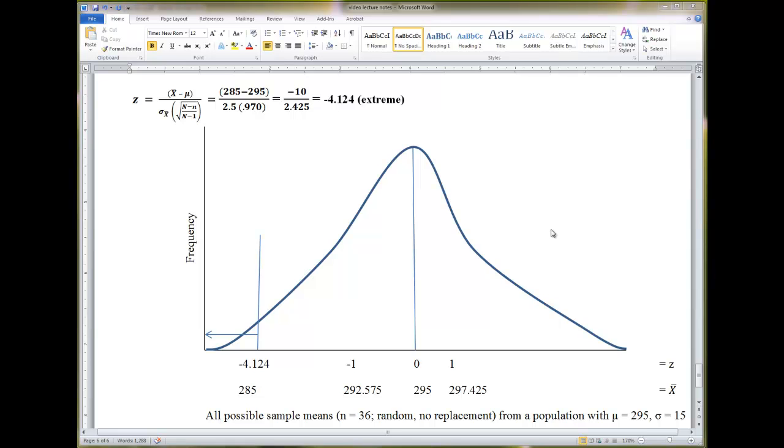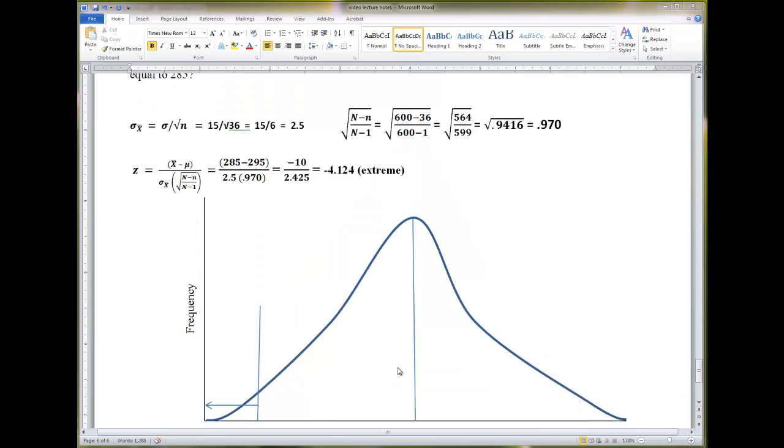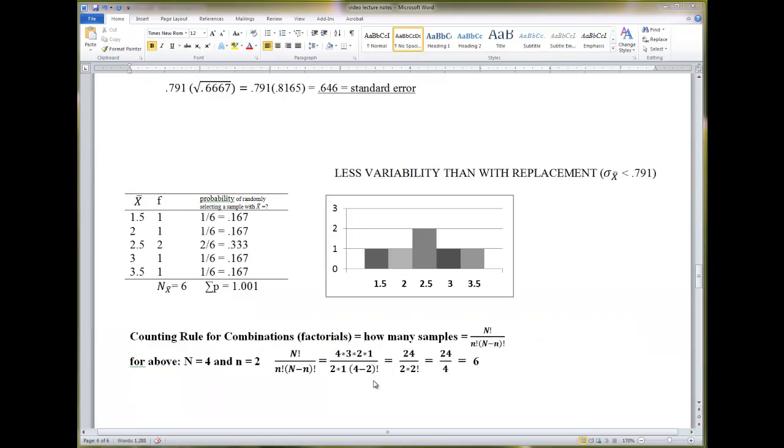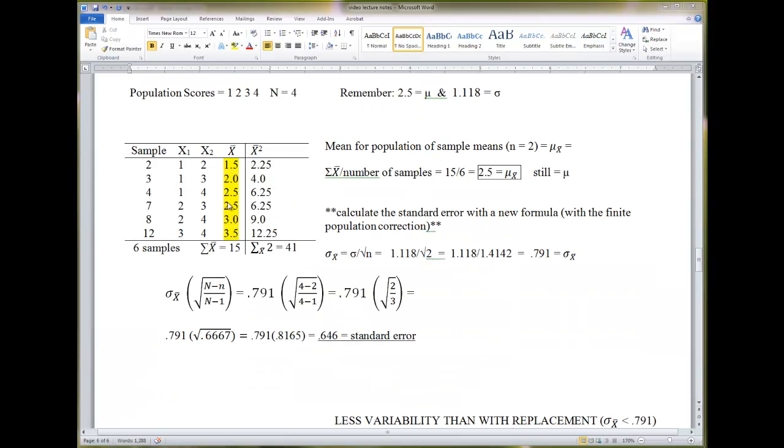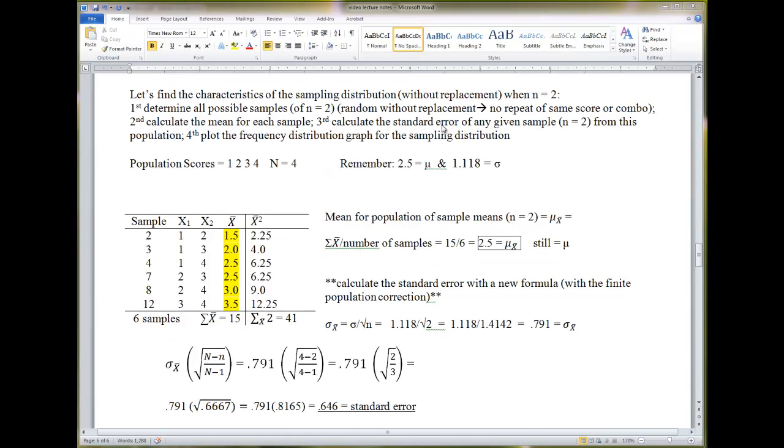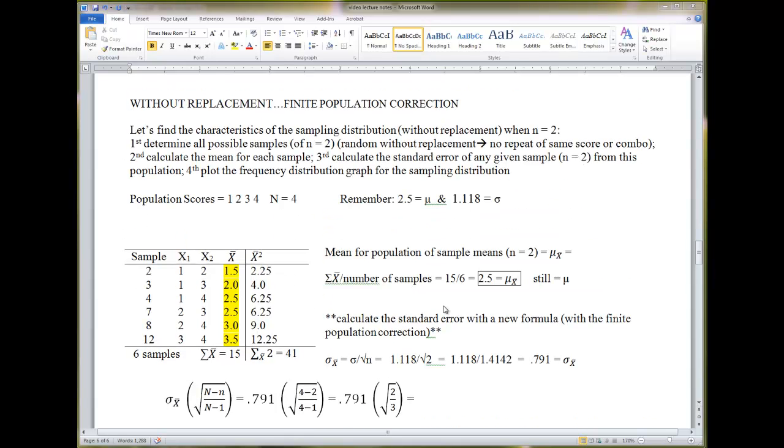And the sampling distribution, what's represented here and what we actually found by hand, tells you all possible random samples of a specific sample size, in this case 2, from this population.